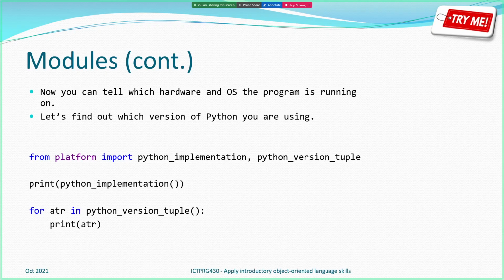So you really need to know which version you're running on. So if you code something for Python 3, you may want to have a little check in there to check that it's running the correct version, or the version that has the features that you want to use.